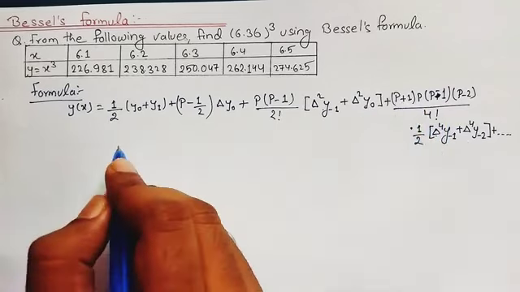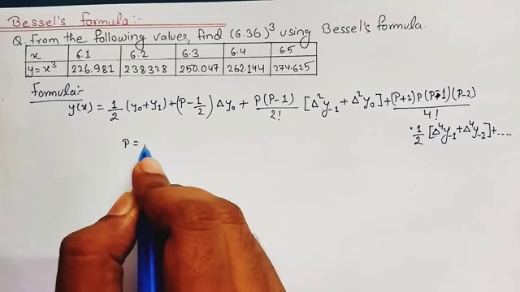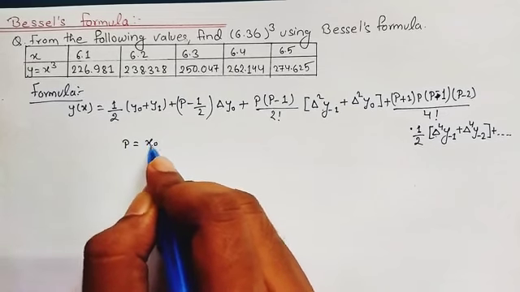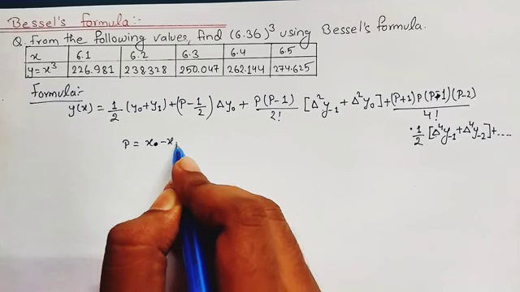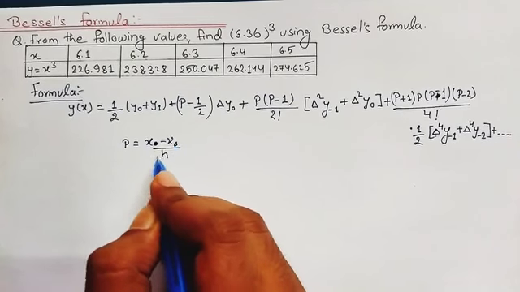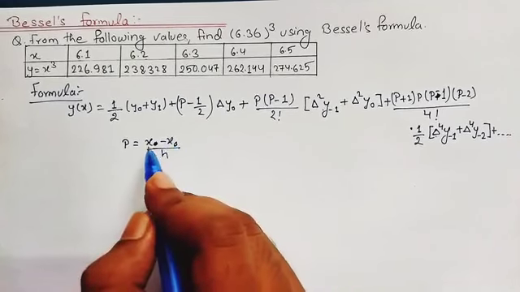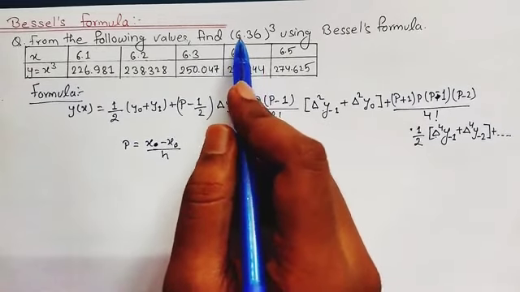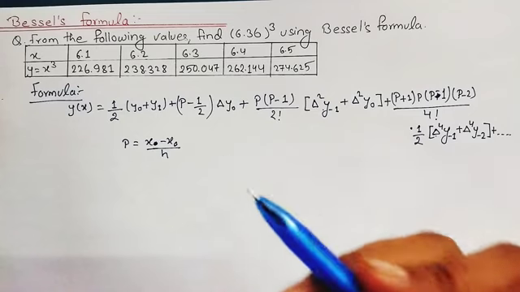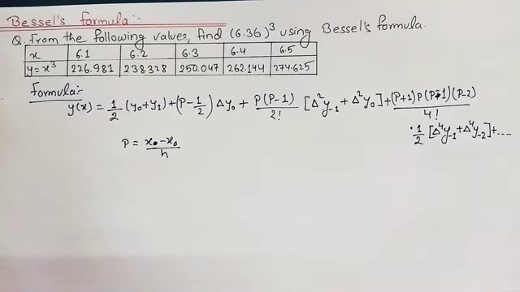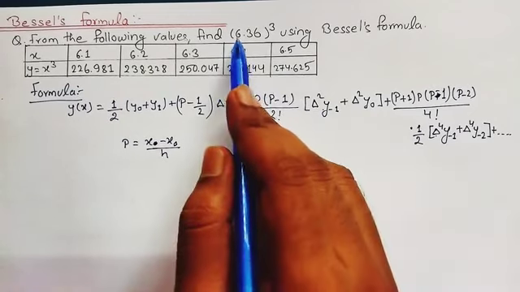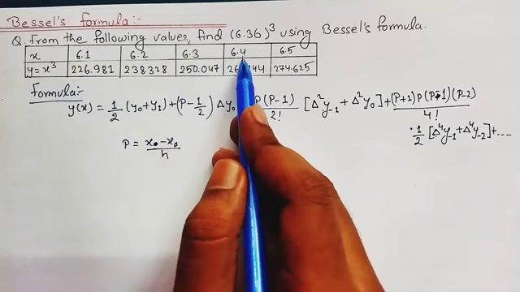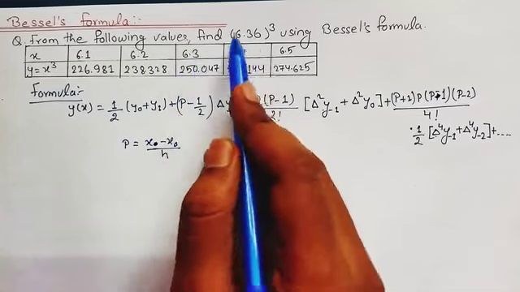So we have p equals (x minus x naught) upon h. Here x is the value we are given to calculate, that is 6.36, and since 6.36 lies between 6.3 and 6.4, this is our x naught and this is x.